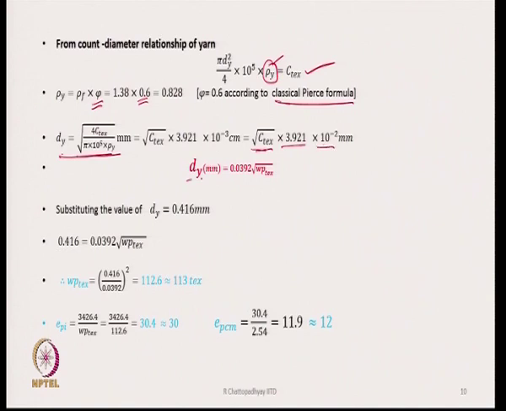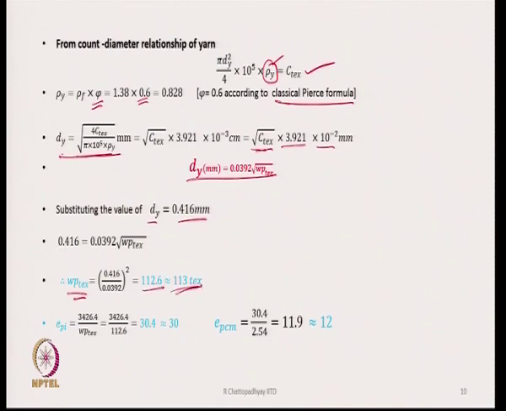So, this gives you the value like this: diameter of the yarn is 0.0392 root over warp count in tex. Now, here if we substitute the value of diameter of the yarn which we have found out earlier, then we can find out what is the count of yarn in tex, and this gives a figure which is 112.6.